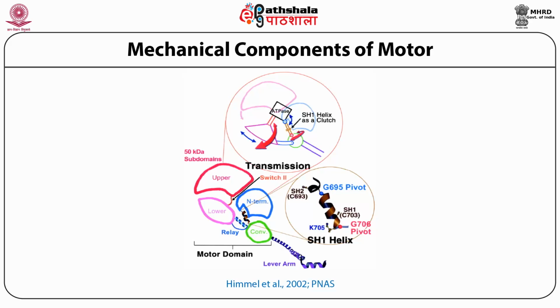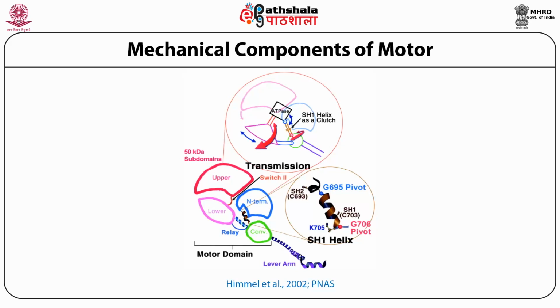I find this mechanism is easier for students. Here the myosin motor is represented as a simple structural transmission. You can see the SH1 helix, which has two glycines and is termed a clutch here.